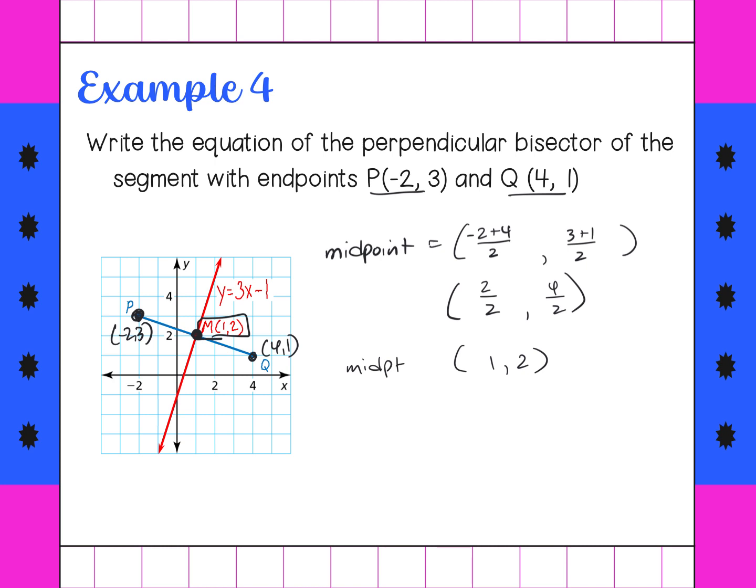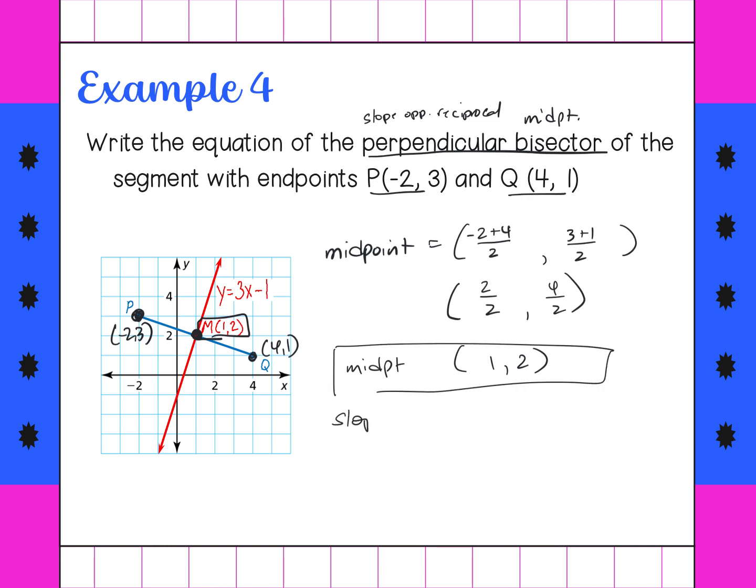Yours is probably blank. So now I know that the perpendicular bisector has to cross through the midpoint, so I found that. And then for a perpendicular line, I know that the slope is the opposite reciprocal of the original slope. So now I've got to think of what the slope is of PQ first.